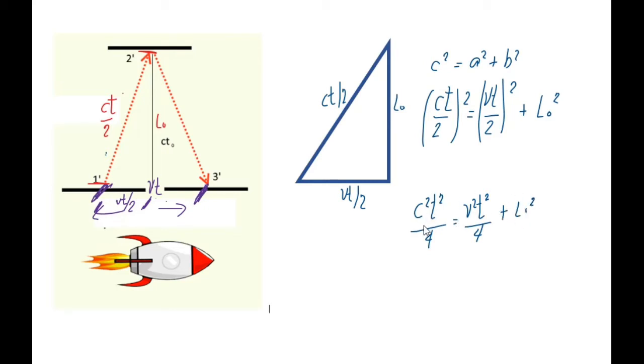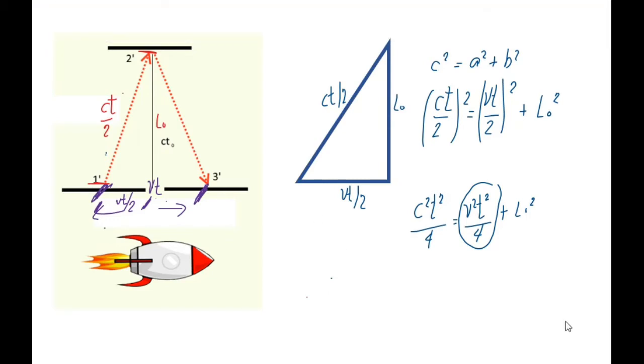Okay, now what we want to have here is an expression for time. So let's combine terms with t. So I will transfer this part. Okay, itong equation na to, I'll transfer it on the other side. So I will subtract v squared t squared over 4 here. And also on the other side, palitan natin ng color.